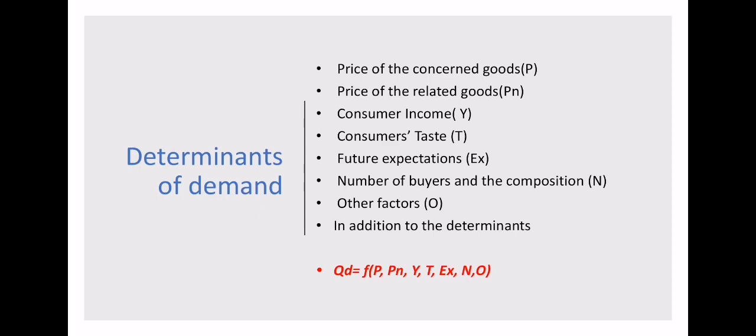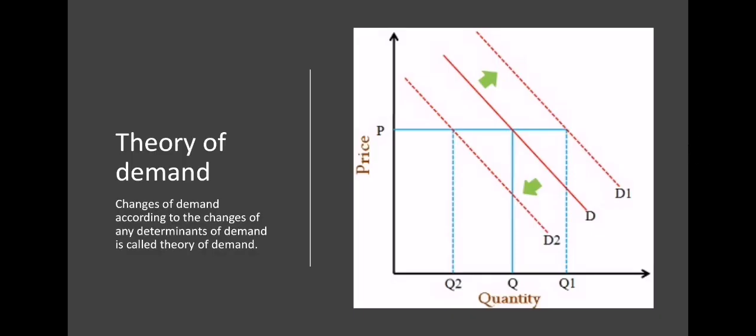In addition to these determinants, we also have to know about the demand function, which is stated in red here. It basically has all the determinants included in it. These are the short term letters of those. The demand depends on these determinants.